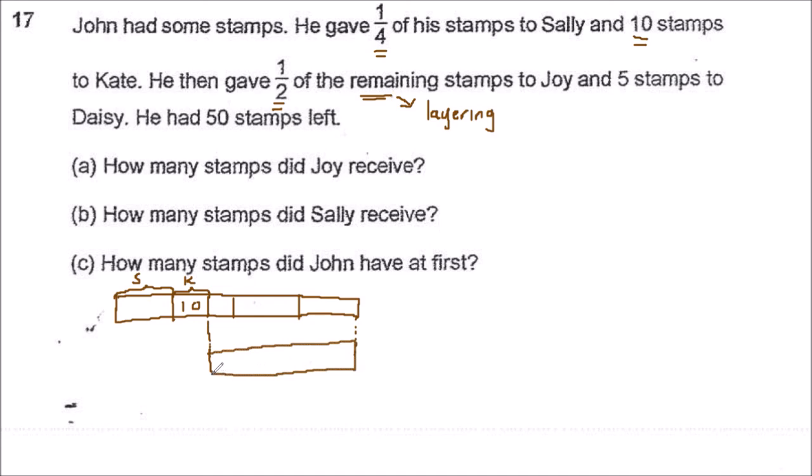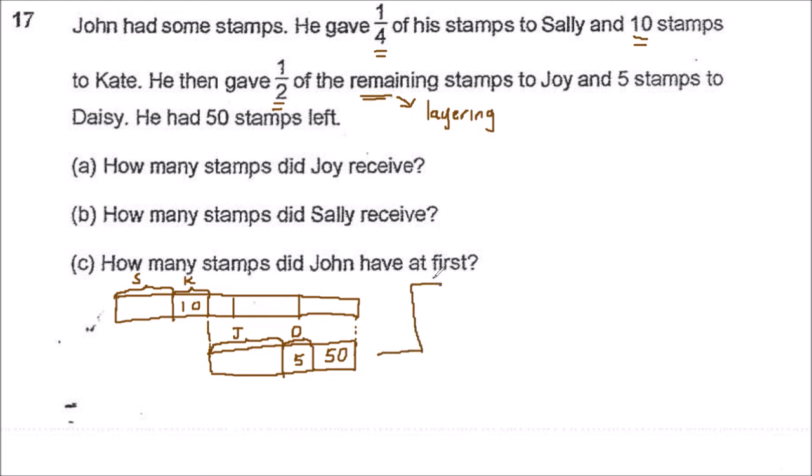When this is the second layer, it gave half of the remaining. So this remaining I cut into half. This will be Joy. And he gave another 5 to Daisy, and he has 50 left. So now let's look at this layer. We start off layer by layer.